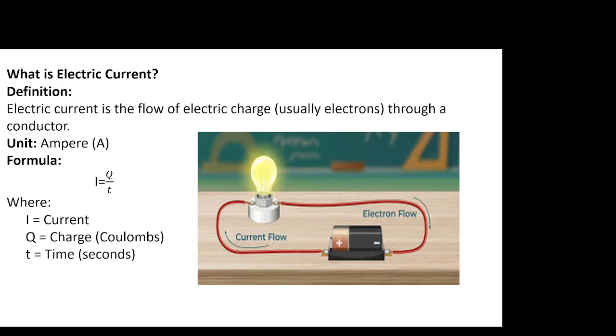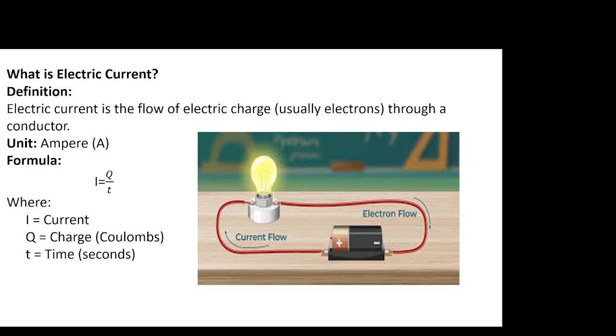So capital Q is charge, capital I is current, and T is time, which is in seconds. Overall, the unit of current is ampere, named after the scientist Ampere. Okay, so this is electric current.